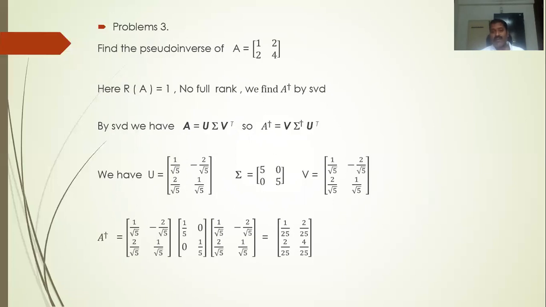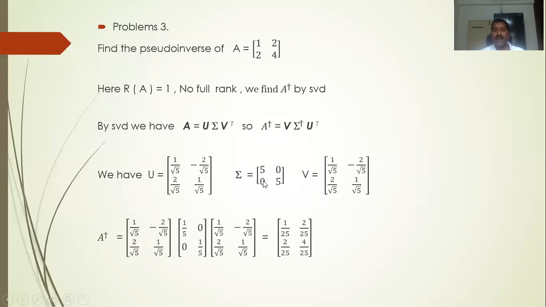Their square roots, root 5 and 0, will go as the diagonal elements; here it's wrong, it should be root 5 here. So this is my U and this is my sigma, this is my V, and once you have a V, we get a V transpose, but we need a U transpose here. So A plus is V, this is the V, and sigma plus, and this is the sigma plus.